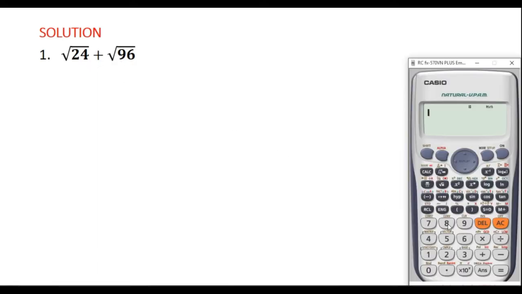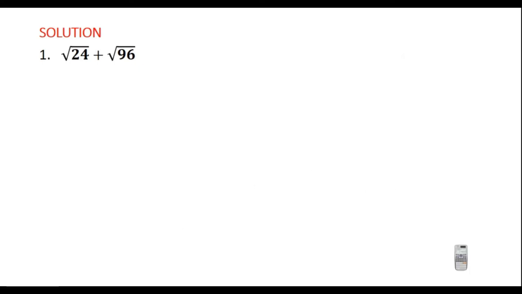So you pick your calculator, then you enter square root of 24 on the calculator. Now the calculator is giving us 2 root 6. So you can see that the perfect square that you are looking for is the square of the number in front of the square root sign.